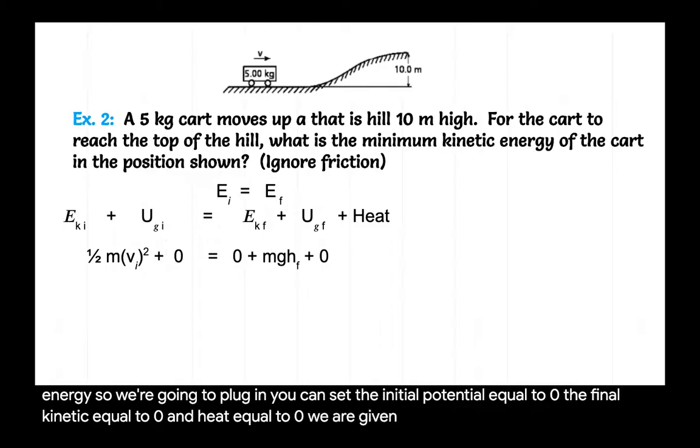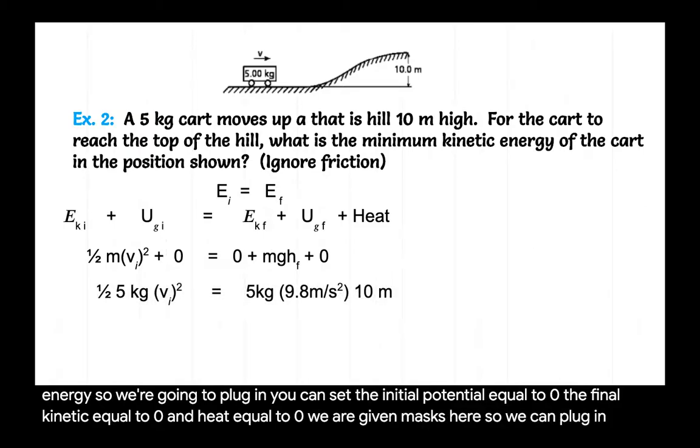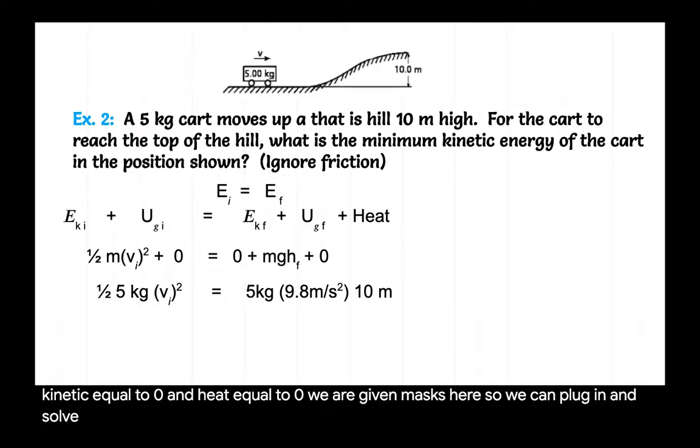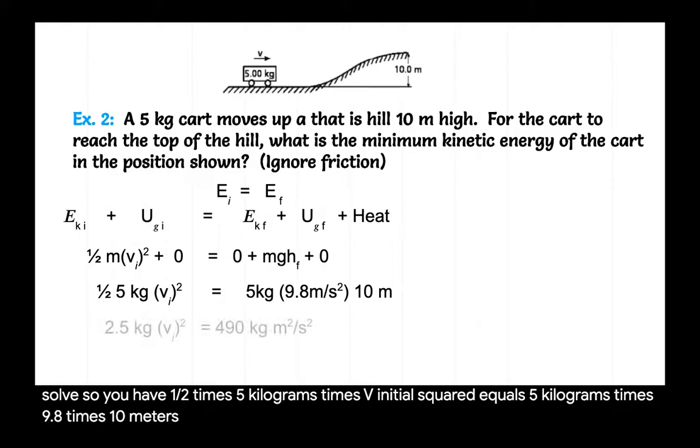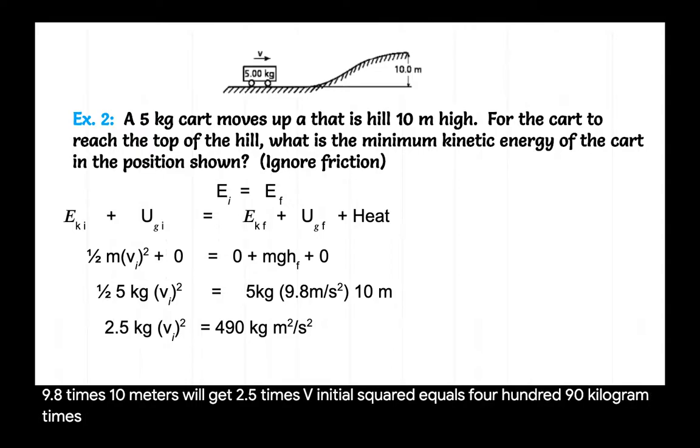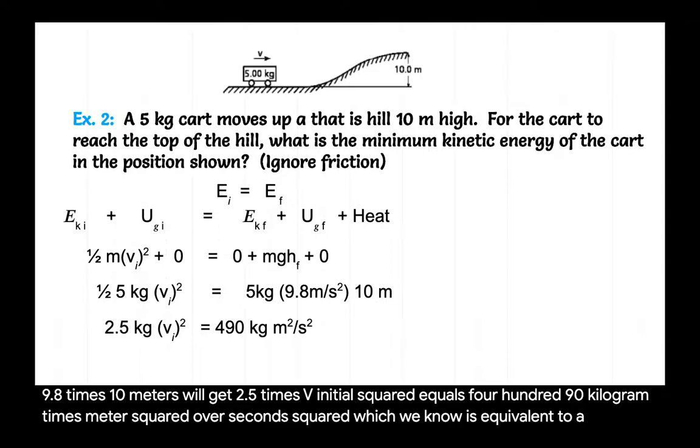We are given mass here, so we can plug in and solve. So you have 1/2 times 5 kilograms times V initial squared equals 5 kilograms times 9.8 times 10 meters. We'll get 2.5 times V initial squared equals 490 kilogram times meter squared over second squared, which we know is equivalent to a joule.